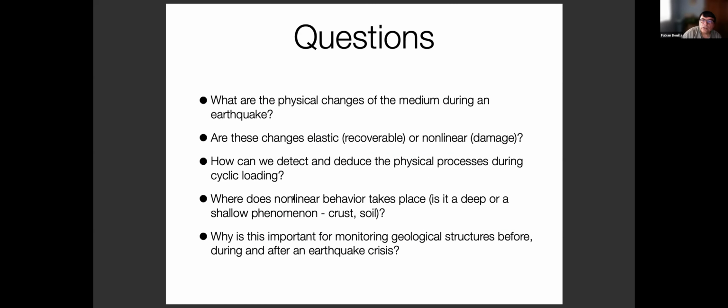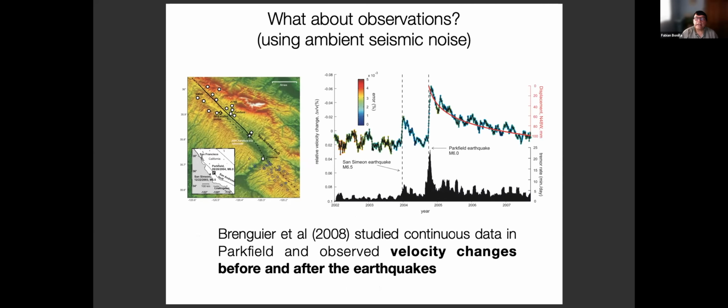And is the nonlinearity deep or shallow? Another thing: is this nonlinearity elastic, for example nonlinear elasticity, or is there some damage so the material does not recover? To do that, I am going to the observations in seismology.